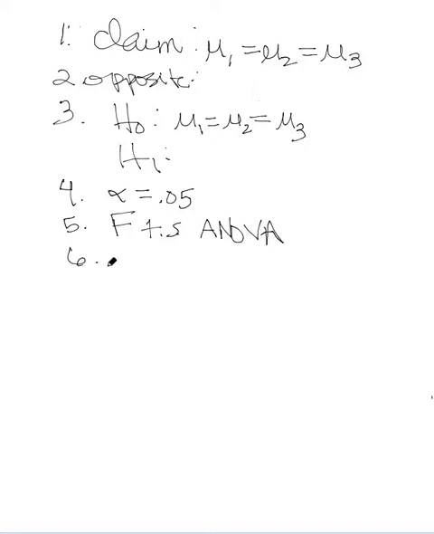Step number 6, we do not need to calculate anything. Look at the StatDisk box. Critical value is given for F, so we have the F critical value is 3.55.